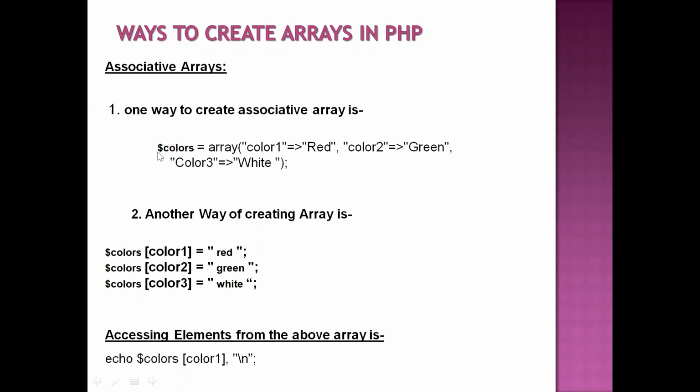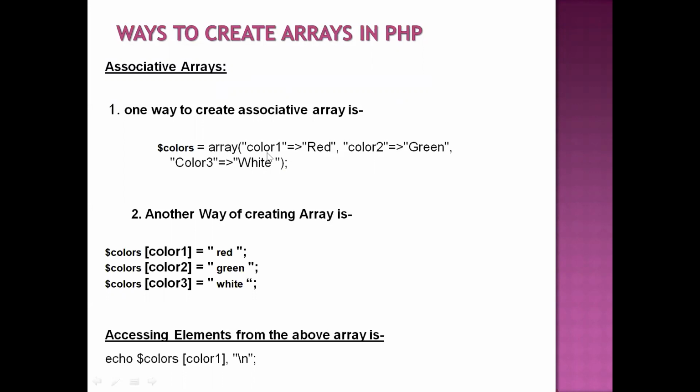So here I am creating an array with the name colors, and in that colors array the first index name is color1. For that color1 I am assigning the value red color. And here the second index is color2, for that I am assigning the value green. The third index name is color3 and the value is white color, right? So this is one way of creating the associative array by using the array function.